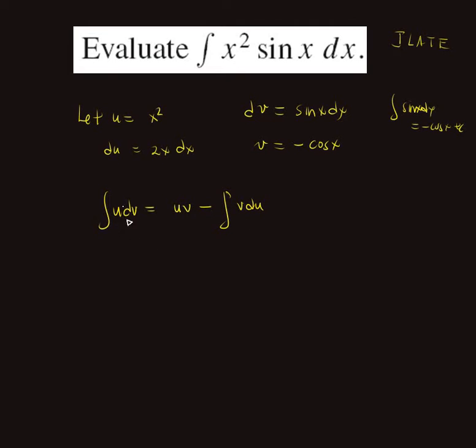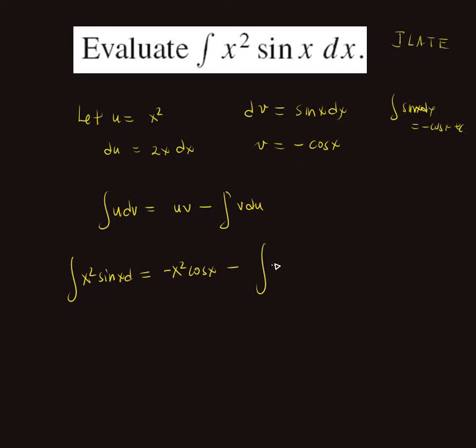This basically says that the integral of x squared sine of x dx is equal to, who is u? x squared. Who is v? Minus cosine. So let's put a minus sign here and put cosine of x, minus the integral, who is v?